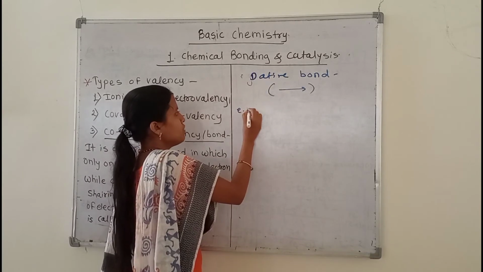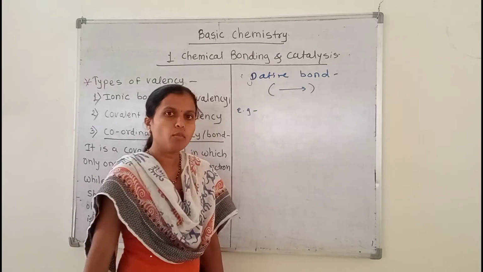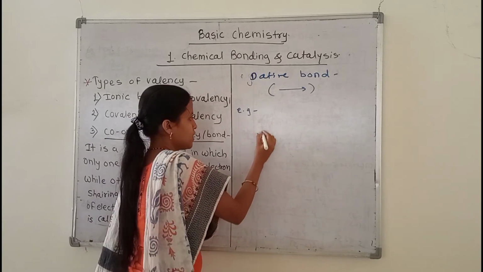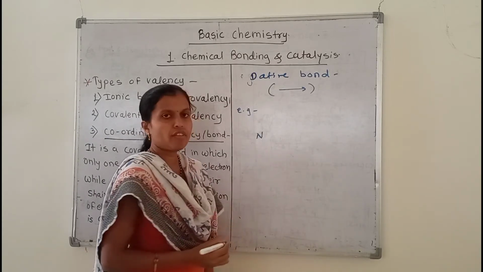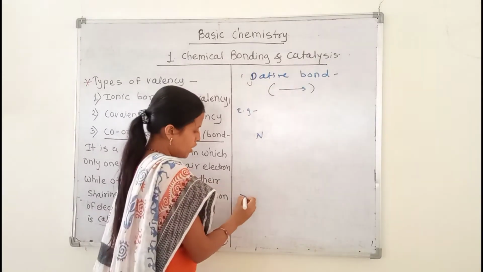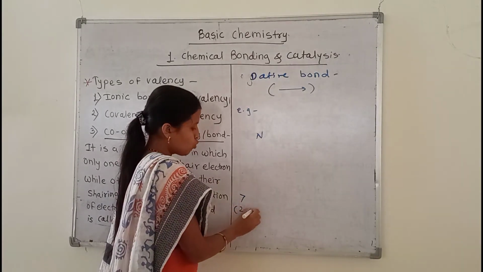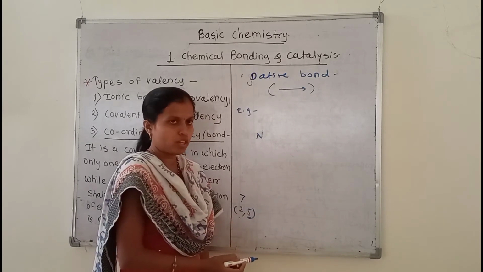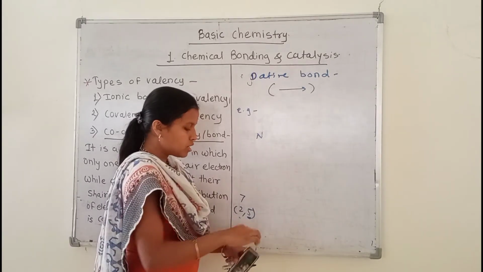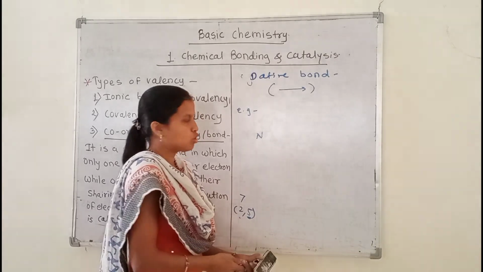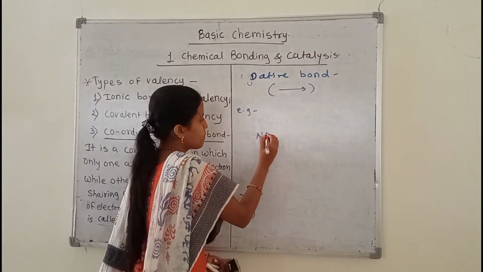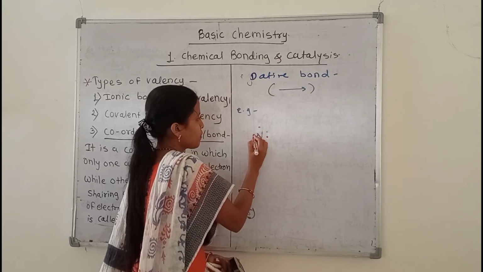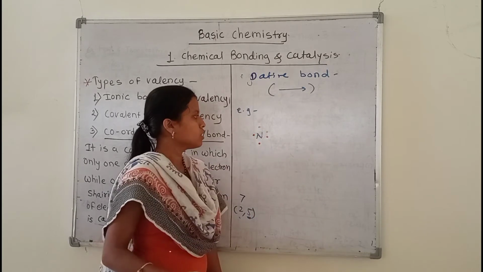The first example we take is the ammonia molecule. In the ammonia molecule, nitrogen is present. Nitrogen has atomic number 7 and its electronic configuration is 2, 5. So the nitrogen atom has 5 electrons in its outermost shell. We write these valence electrons as dots.